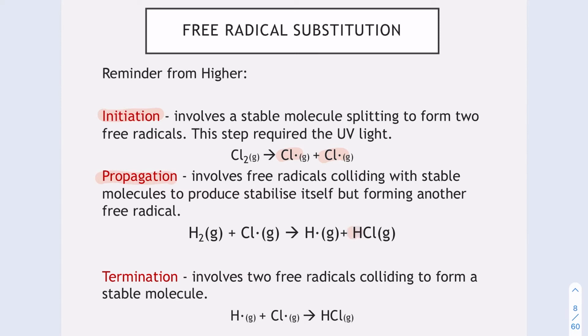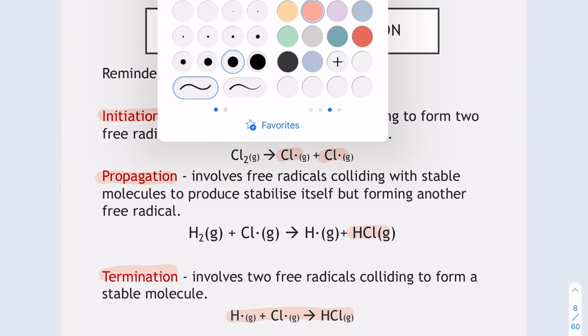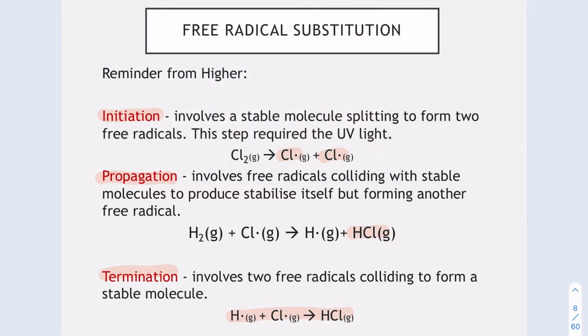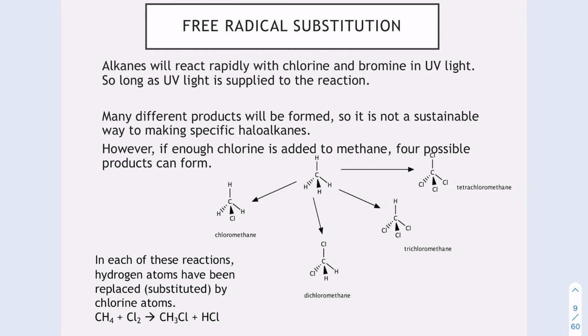And last but not least, termination involves two free radicals joining to form a stable molecule. Another way of looking at this is to look at the dots. We've got no dot to dot for initiation, dot to dot for propagation, and dots to no dot for termination.